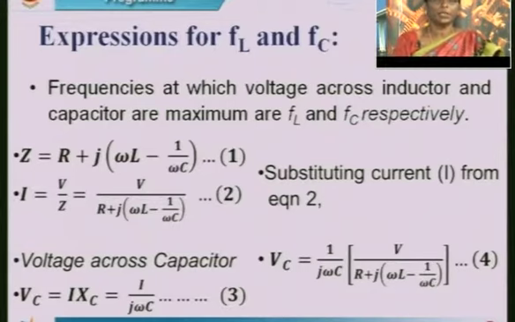It is not the resonance frequency; these are the frequencies at which the voltage across the inductor and the voltage across the capacitor are maximum. It need not be the resonance condition. We are going to derive the expression for FL and FC. Also, we are going to check the voltage VC at FC and the voltage VL at FL, that is the maximum voltage at frequency FL and at FC.